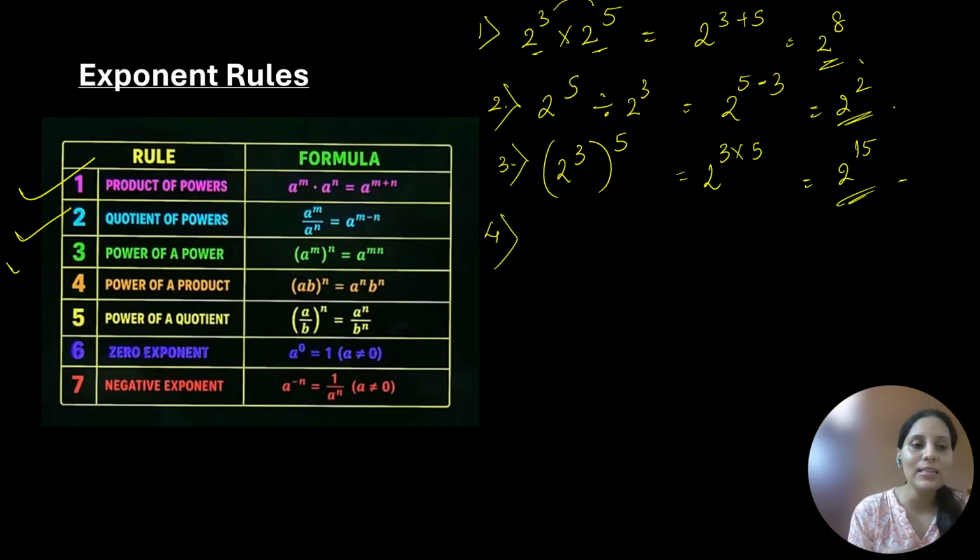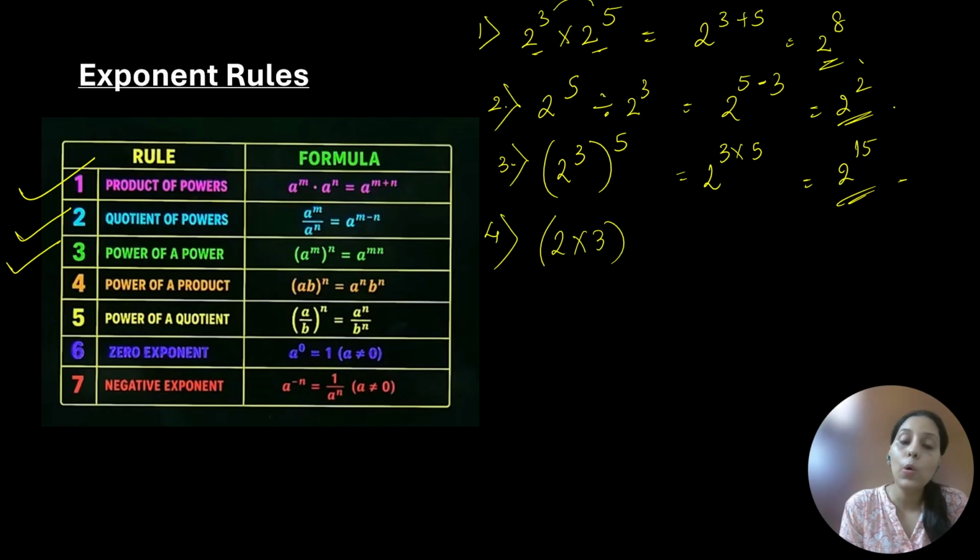All right, next is power of a product. Now, suppose I have 2 into 3 whole power 4. See, I have a bracket here. So what does a bracket mean? Bracket means that this power belongs to both the numbers. It belongs to every number that is inside the bracket. So it's going to be 2 power 4 into 3 power 4.